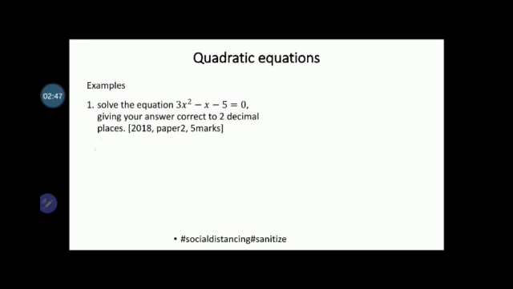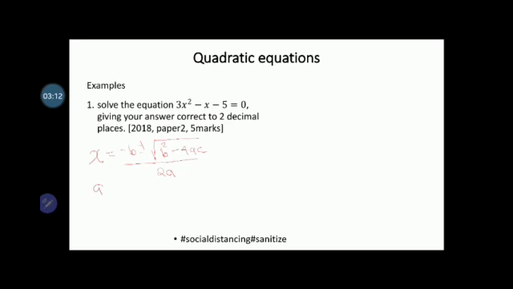The formula we use is x is equal to minus b plus or minus the square root of b squared minus 4ac, divided by 2a. Exam questions provide this formula already. All you have to do is copy it down and make the substitutions.